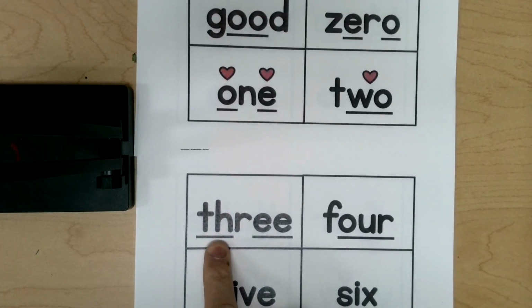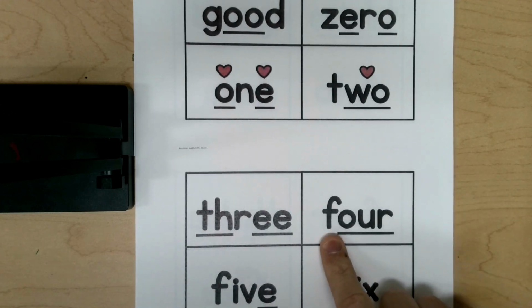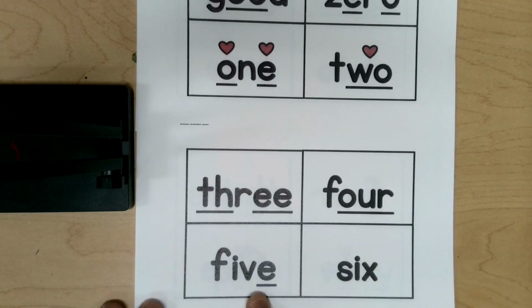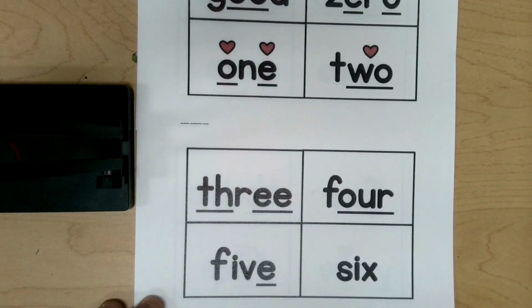Three, we have the TH digraph, and then double E always makes the long E sound. Four, the OUR being able to make the OR sound. In five, we mark just the E because it's a normal CVC E word or a magic E word. The E is silent and it makes the I say the long sound.